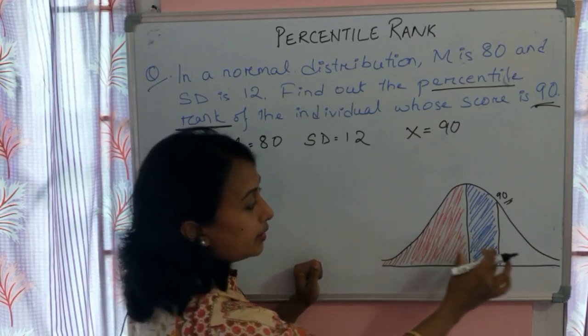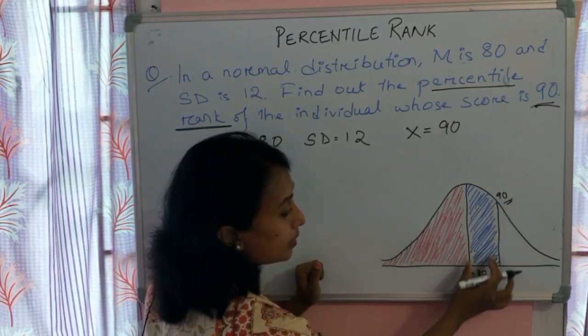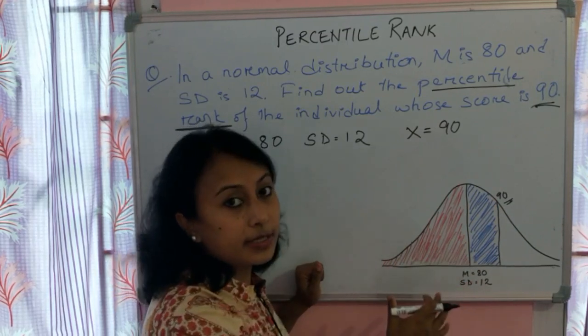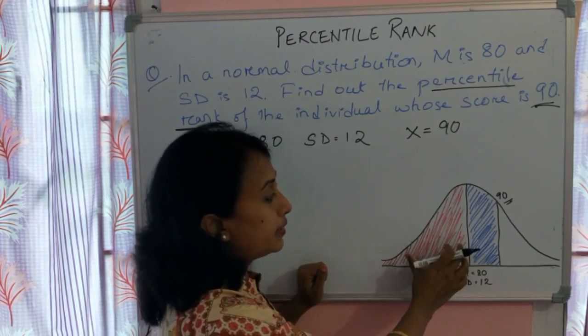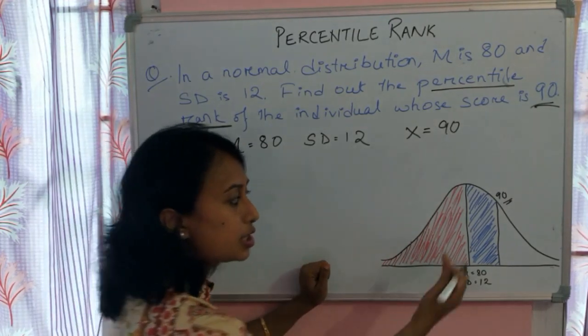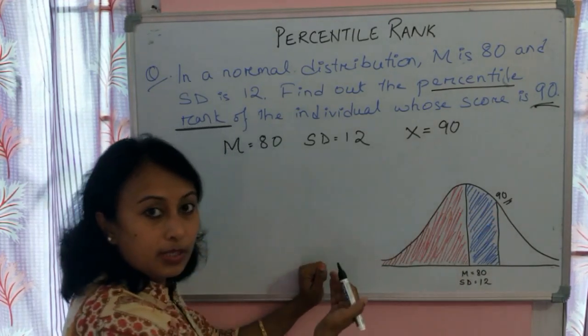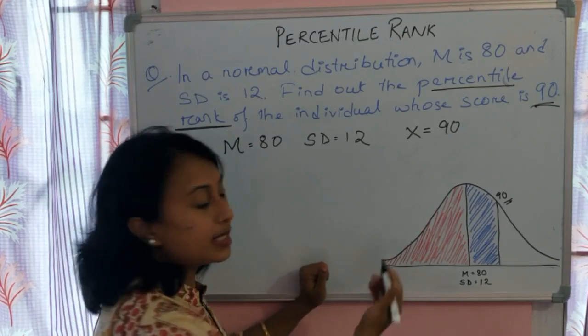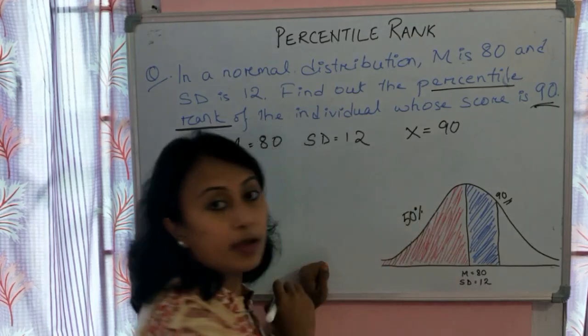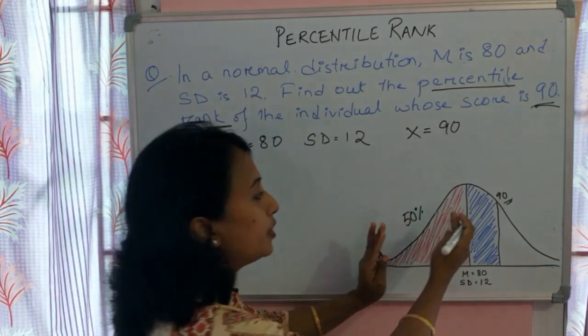So this is one area, the area shaded in red, for which we already know the percentage. How do we know the percentage? We know that the whole left side of the NPC is 50%. So half of the work is already done.